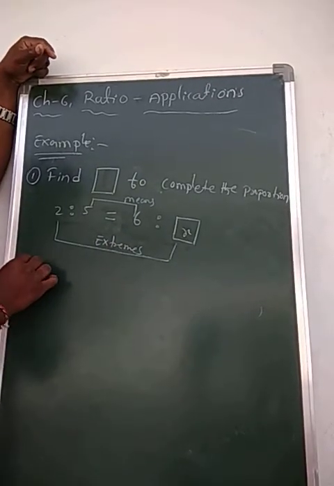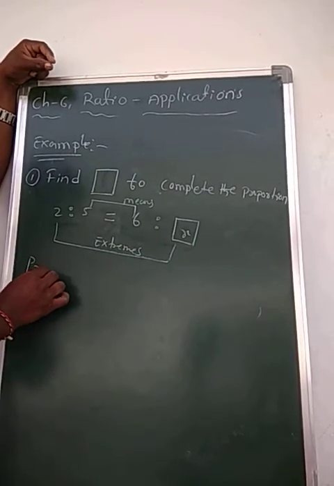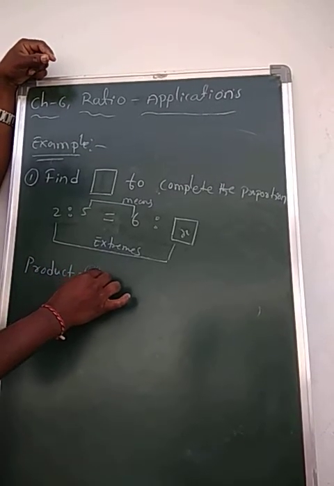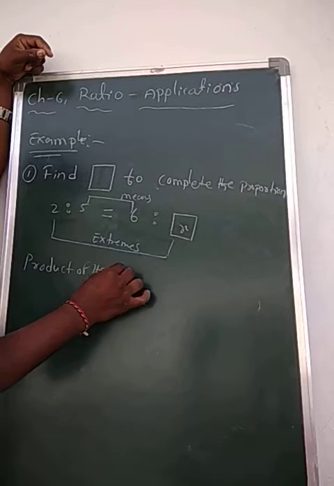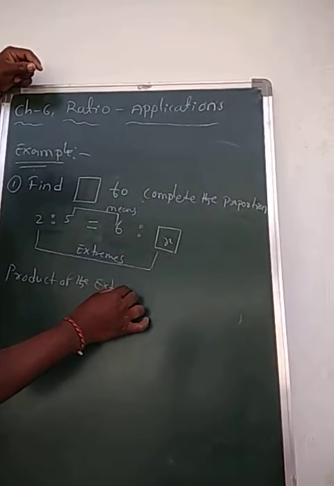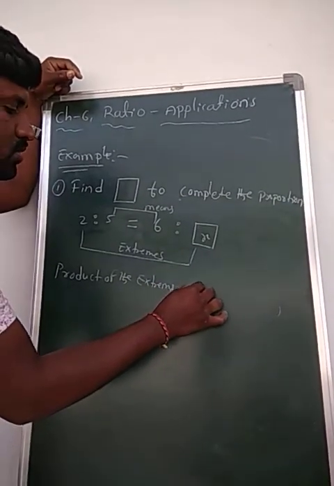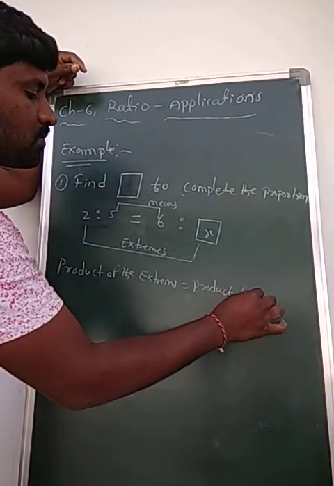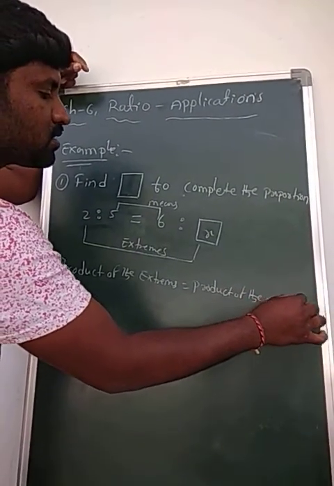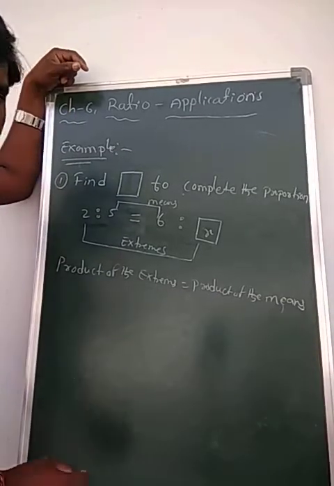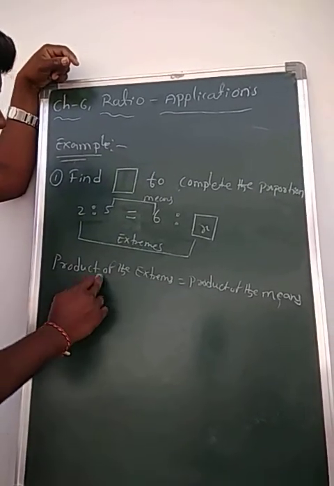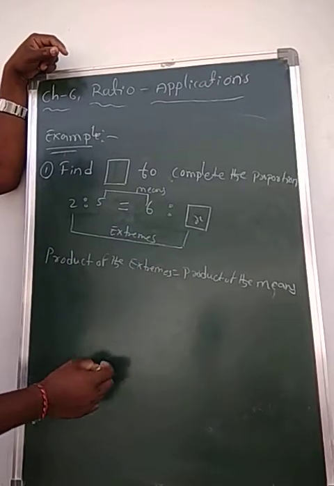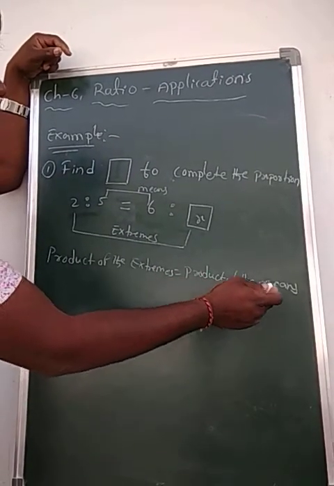Now what is the required condition? Product of the extremes is equals to product of the means.